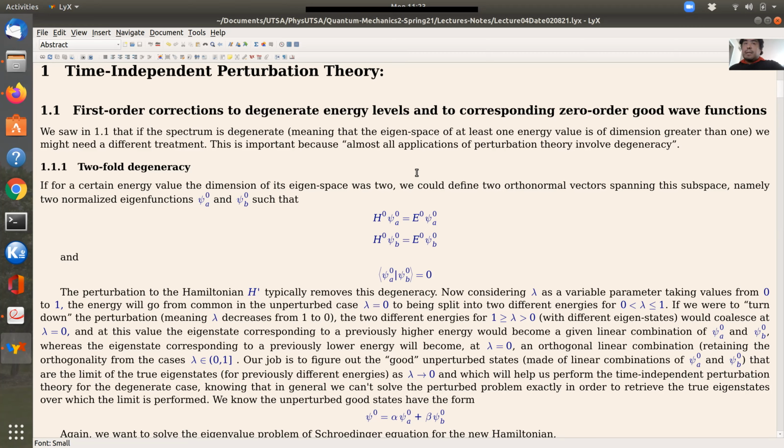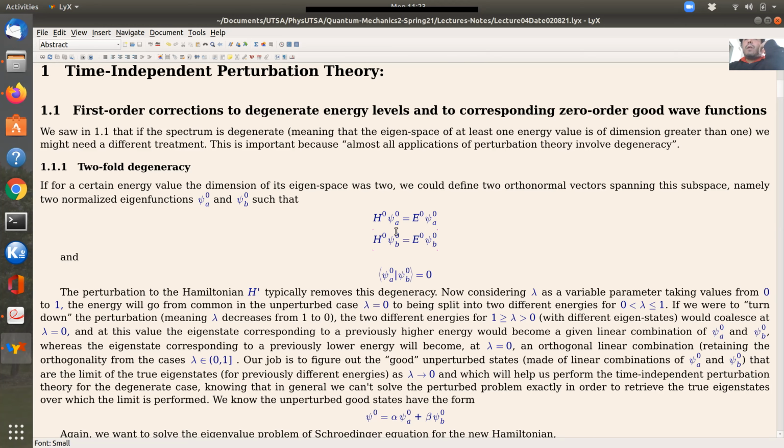So the simplest case is to analyze degeneracy where the eigenspace, the degenerate subspace, is of dimension 2, which is twofold degeneracy. And again, let's say that for our energy value, the dimension of the eigenspace was 2, right? So basically, we can define two orthonormal eigenvectors that span the subspace. We're going to call them phi 0a and phi 0b.